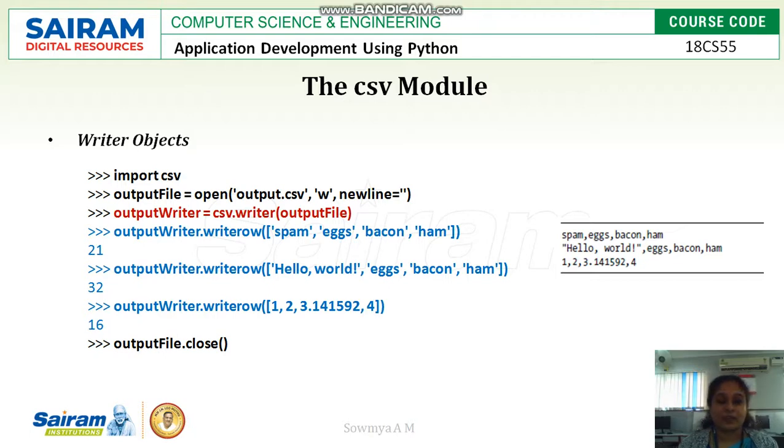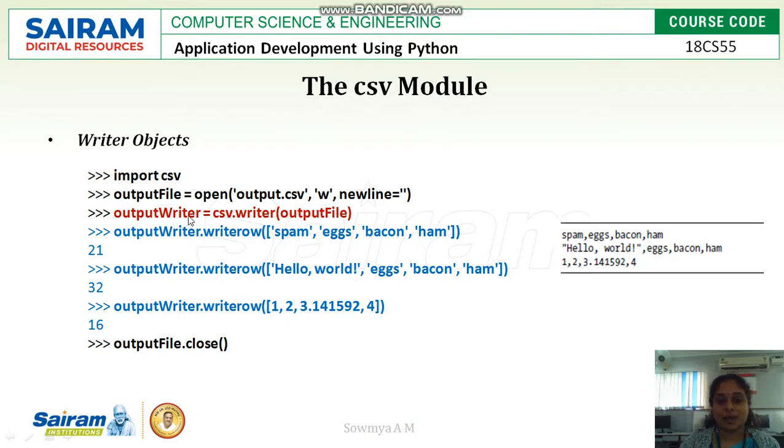Next is the writer object. To write, we can use the function csv.writer, which will create an object for the write method. Once our file object is created, we have to open it in write mode. Only then can we write data to the CSV file.